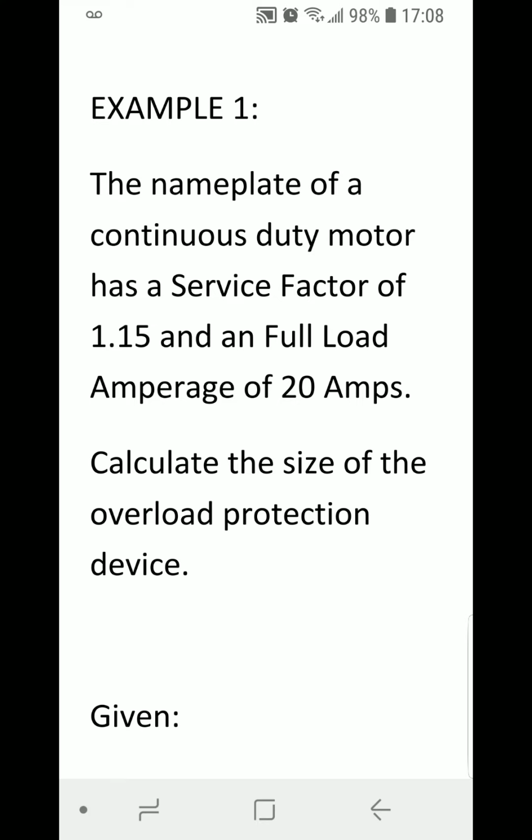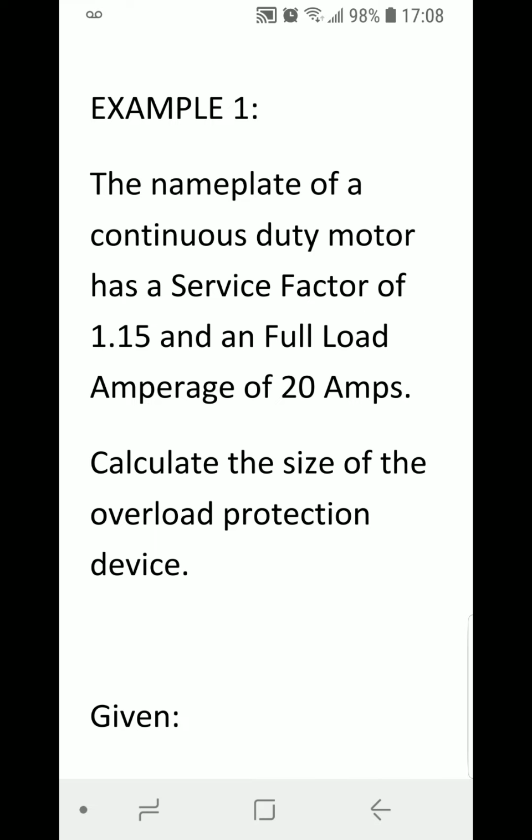One is equal to 1.15 service factor, one is with service factor greater than 1.15, and one that has a service factor lesser than 1.15. Example number 1, this is the one that has service factor equal to 1.15.